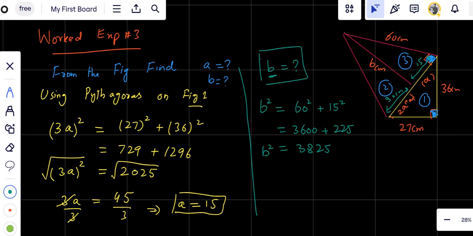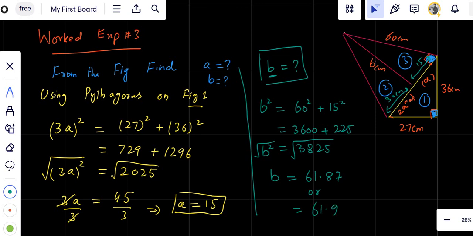Okay, perfect. We need B. We don't need B square. So to remove square, we take the square root: 61.87, or you can round it off to three significant figures.